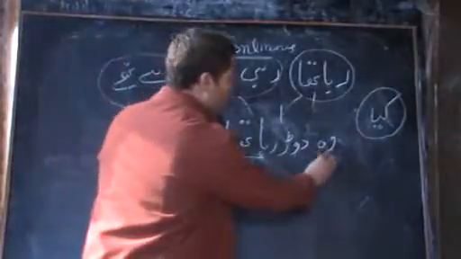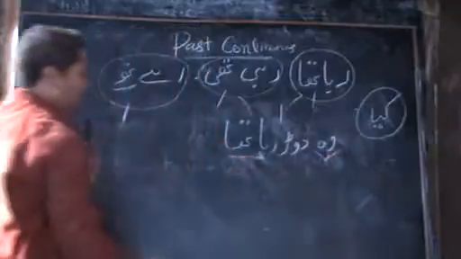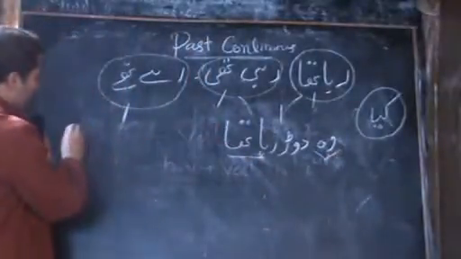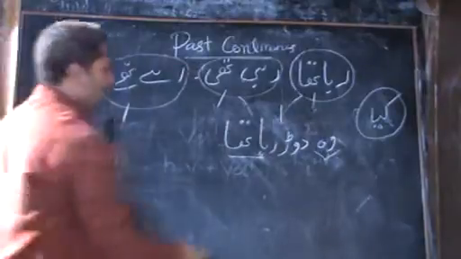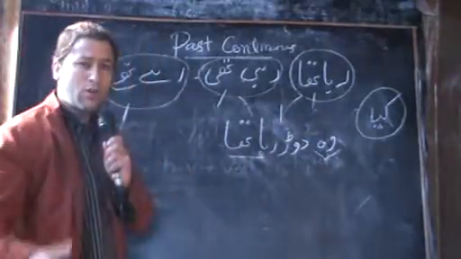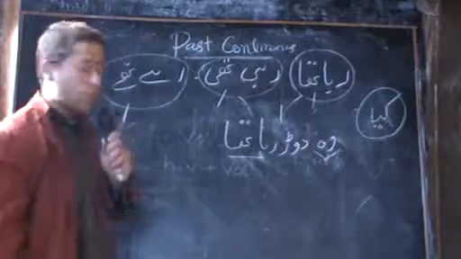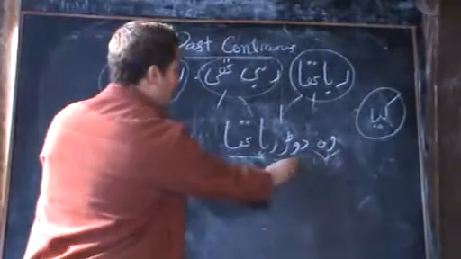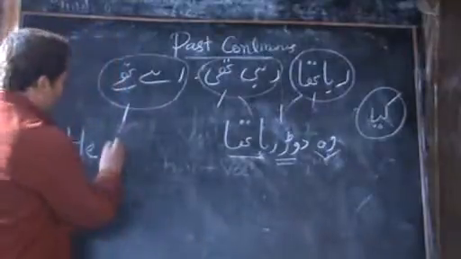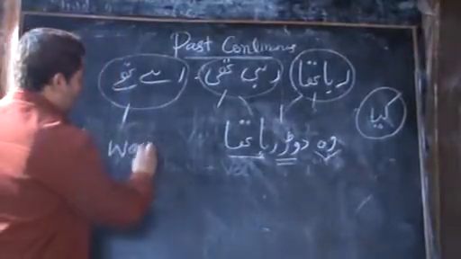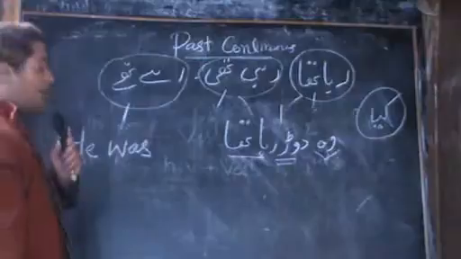First, according to the formula, we'll translate the subject. So the subject will be he, and then we have to see which kind of helping verb we have to use. The helping verb we use for singulars is was, he was, and then the main verb.